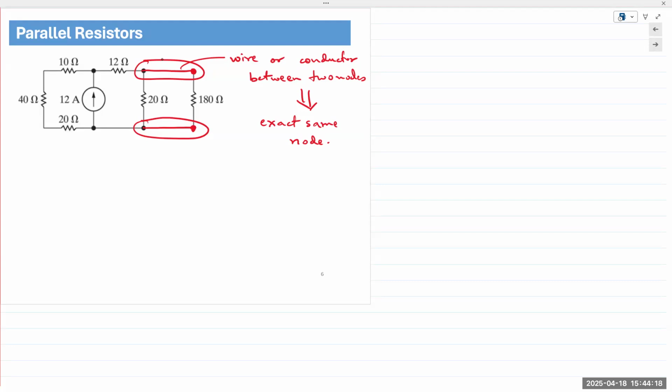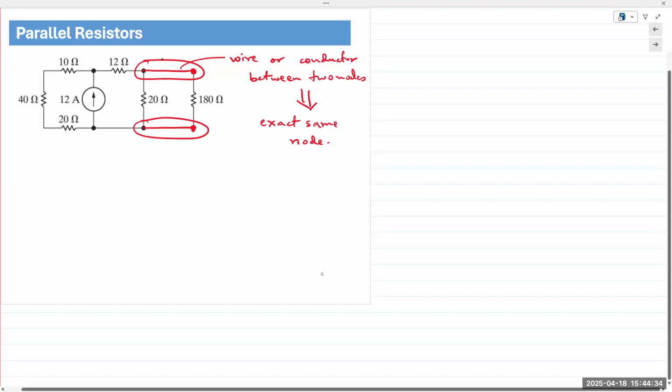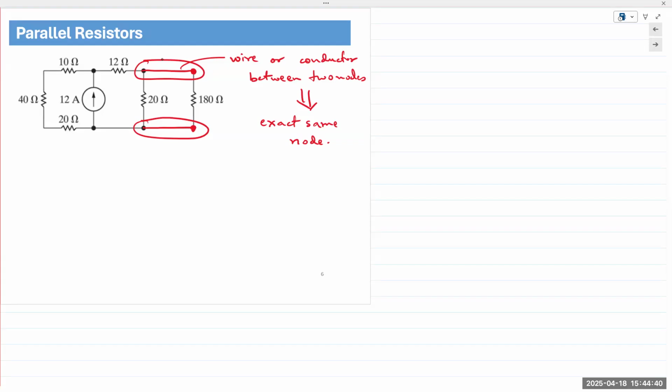In real life, if you take a 100-foot power extension cord and plug it into the power outlet, what do you think is the voltage at the end of the cord? You would still expect to get 120 volts, right? 100 feet away. That cable may have some resistance, maybe 1 ohm or 2 ohms, so it's not ideal, but it is still the exact same node as your power outlet.